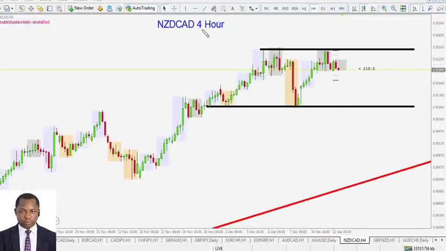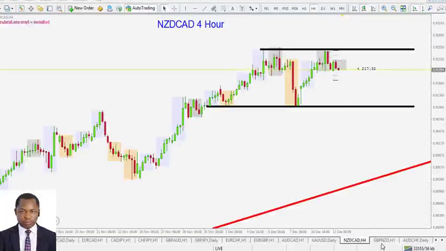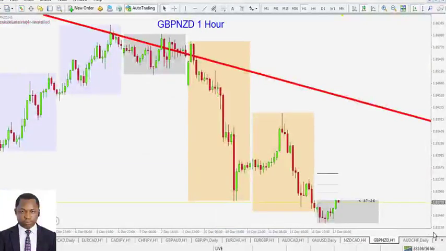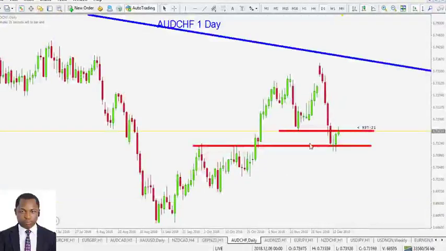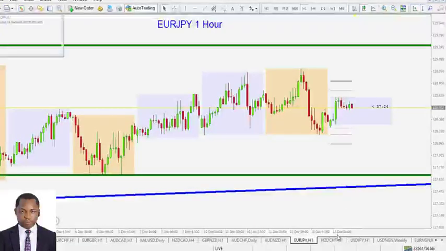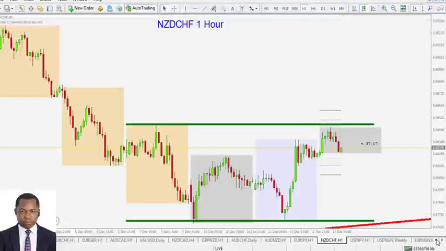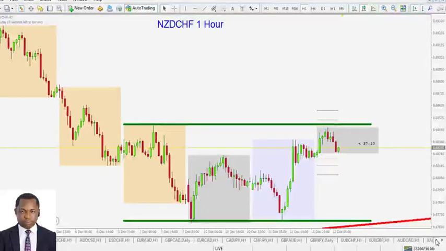The New Zealand dollar against the Canadian dollar. This one should come back down. It's forming a range. If you are trading this range, your stop loss has to be above. Actually, that's all about the market condition. Nothing.